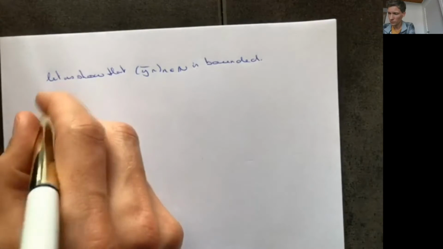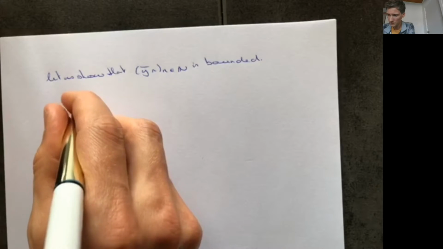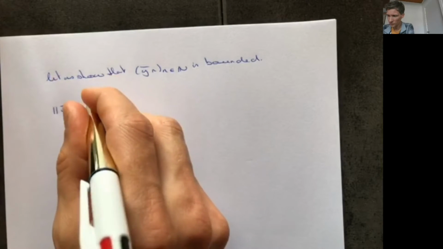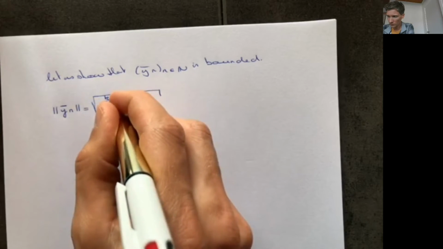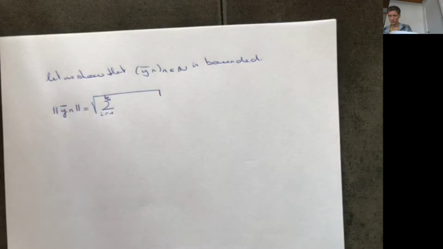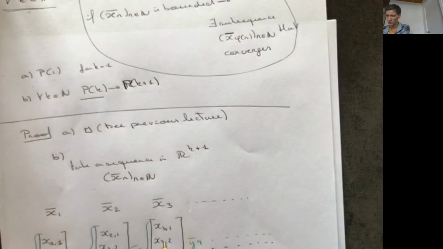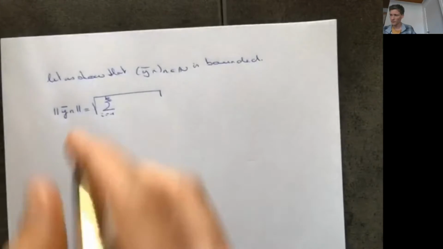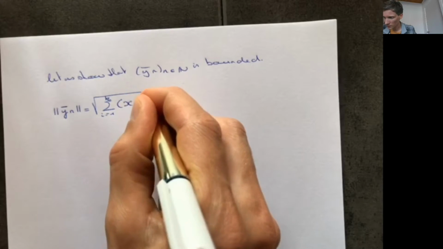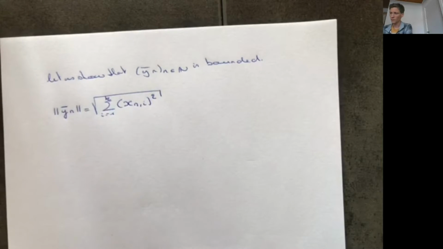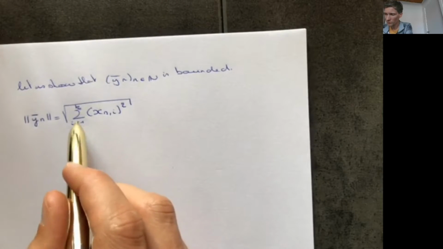This is actually not so difficult. Let's take the norm of yn. This is the square root of the sum from 1 to k of xni squared, since yn consists of xn1 to xnk.